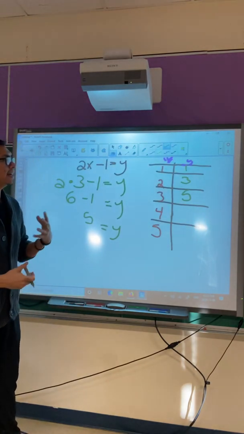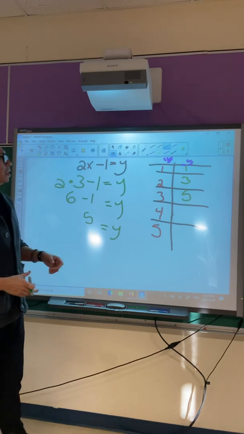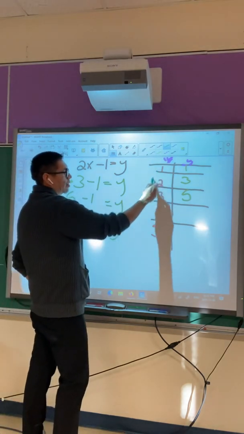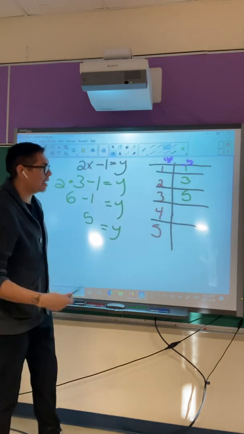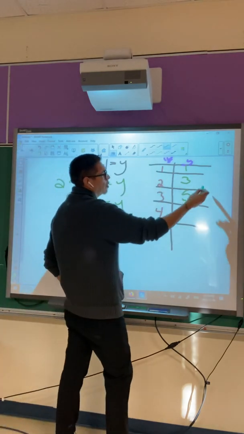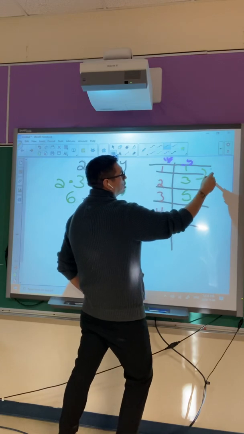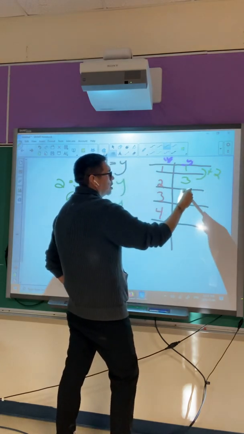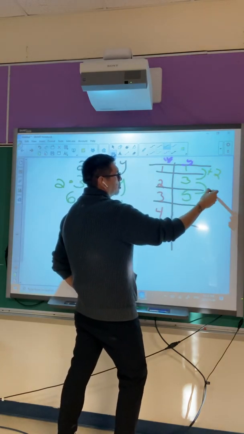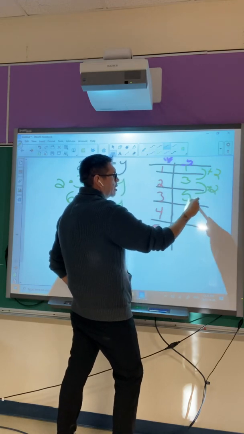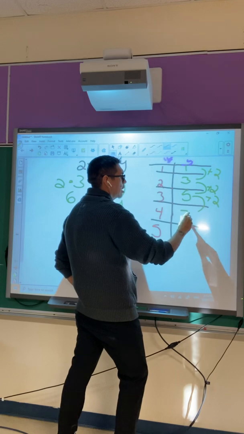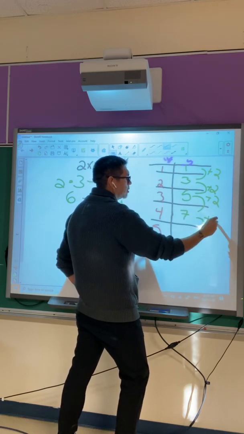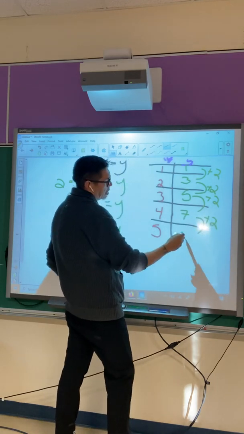We can see that we have a pattern going here. We're going up by 1s in the x's, but in the y's, we're going up by 2. We start at 1 and we go up by 2. So we add 2. 3 plus 2 is 5. 5 plus 2 is 7. 7 plus 2 is 9.